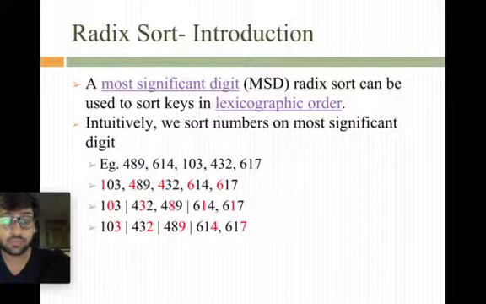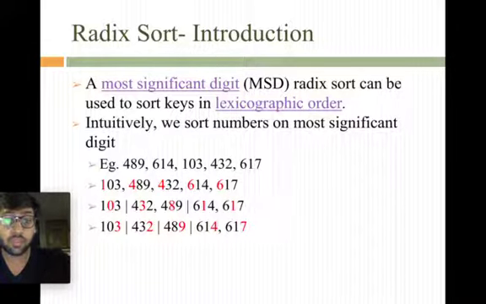103, since it is a single element, we don't need to sort it further. Among 432 and 489, initially 489 came first, but now because 8 is greater than 3, the ordering is changed to 432 and then 489. And in 614 and 617, the order remains the same because they cannot be distinguished by the first digit.